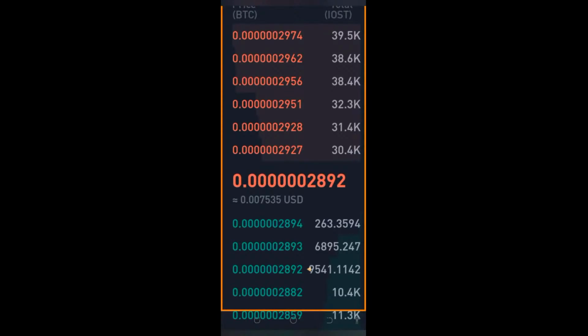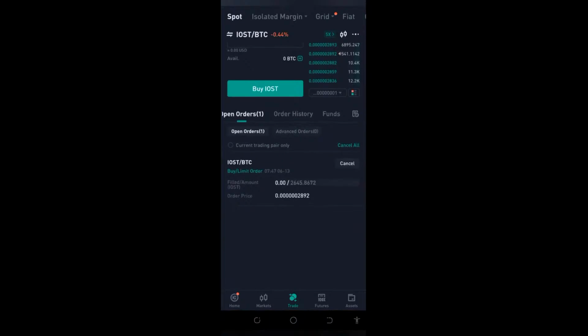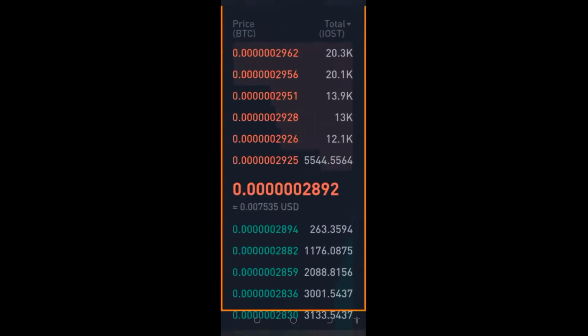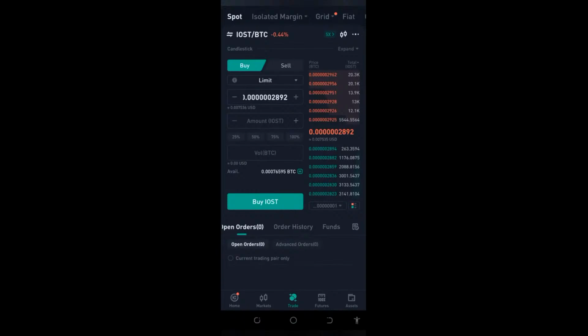This is 2927. It's gone up again. The other time it was 2922. So if I cancel this, what would I get? Because nothing has been sold yet. If I cancel this, what will I get? 2925. It's just fluctuating. You can see that. Let me just tap that first one.